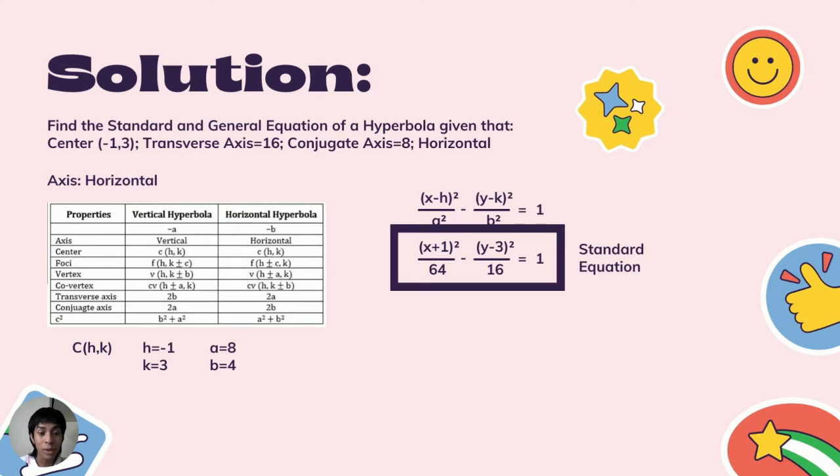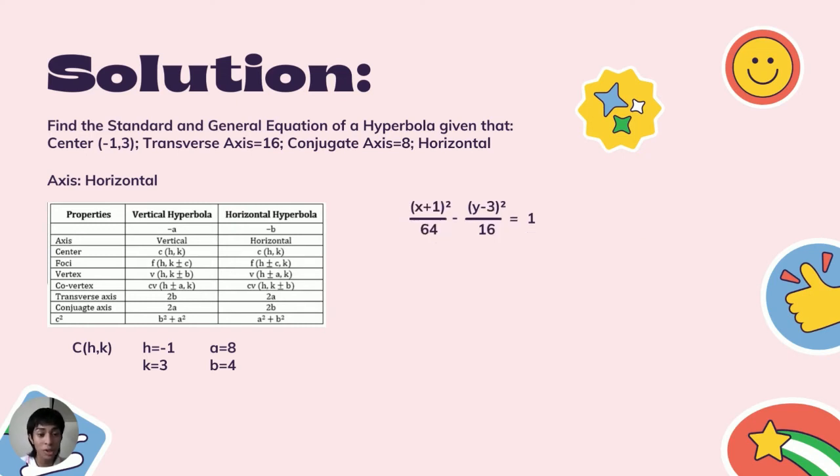Quantity x plus 1 squared all over 64 minus the quantity y minus 3 squared all over 16 is equal to 1. So to find its general equation, we will have to multiply both sides by the LCD, which is 64. So in multiplying that, it will result to this.